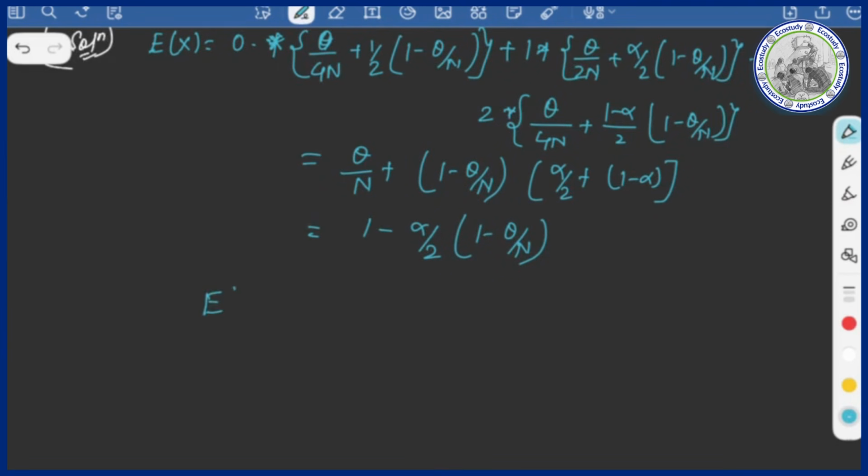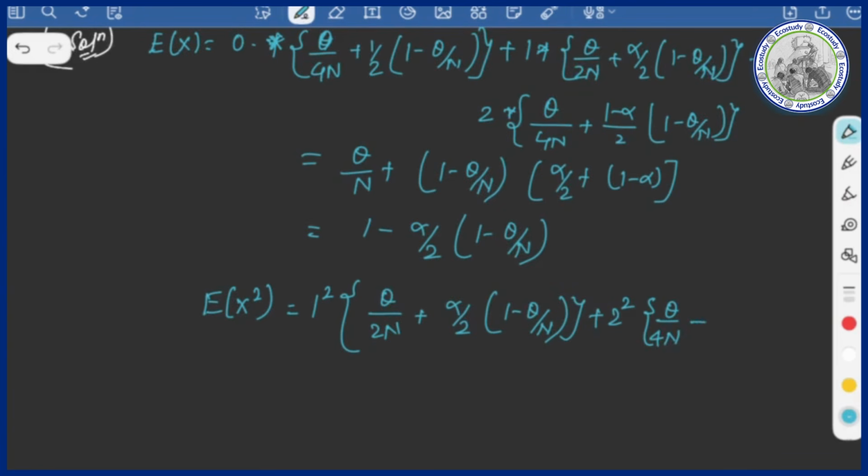Now calculate the expectation of x square, that is 1 square into the probability of 1 plus 2 square into the probability of 2; 0 is 0, so we don't need to take it.